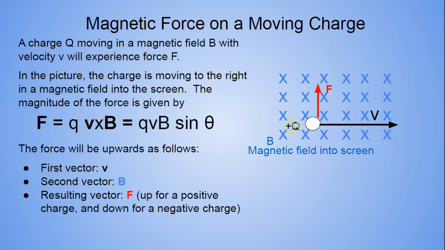It's got some charge plus Q, and it's moving to the right along vector V. And those X's represent the magnetic field pointing into the board. And the red arrow, the F there, marks the direction of the force. So there's two parts of this. The force is a vector, so it's got a magnitude and it's got a direction. We treat them separately.